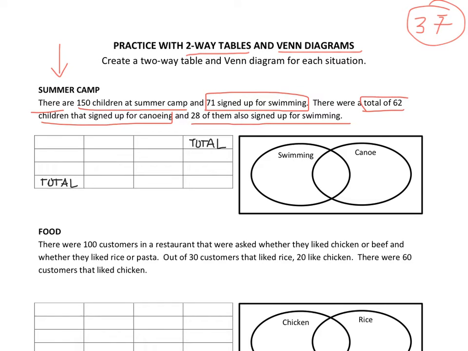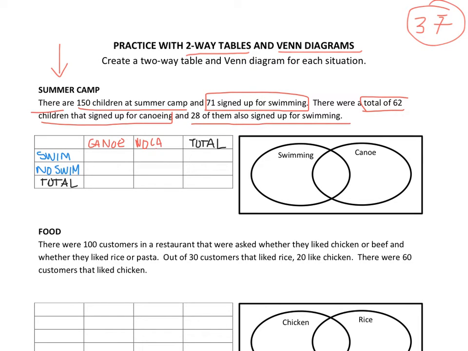Now they're talking about swimming and canoeing, and since it's just those two, that means my options are they signed up for swimming, or they didn't sign up for swimming, or they signed up for canoeing, or they didn't sign up for canoeing, which is an N for not canoeing.